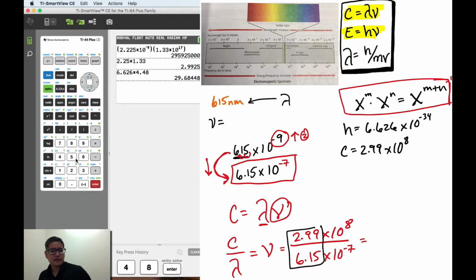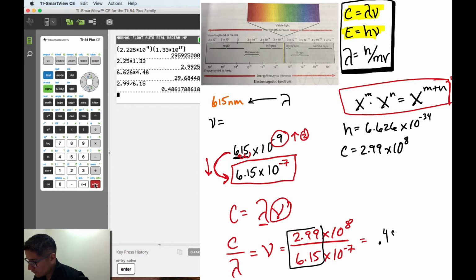So 2.99 divided by 6.15 is 0.486 times 10. Now what's my exponent?